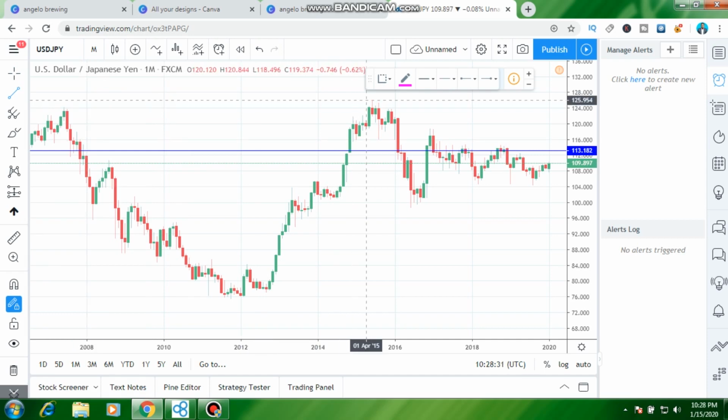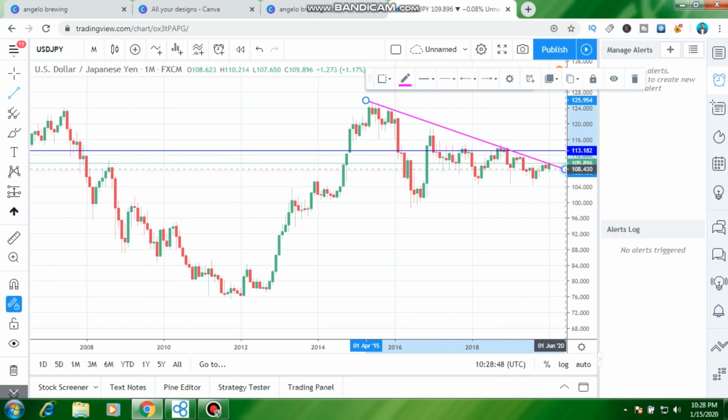Look at it from here. This is USDJPY, and as you can see, it's on a downtrend. This is the monthly time frame, and you can see it right from here. It's on the downtrend, or on the down move.